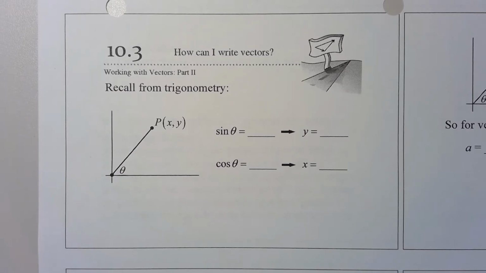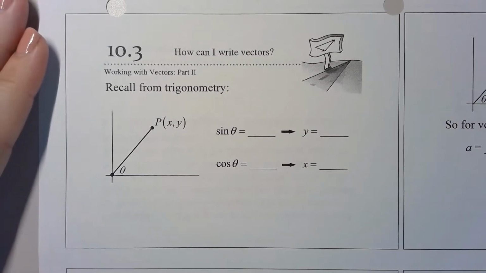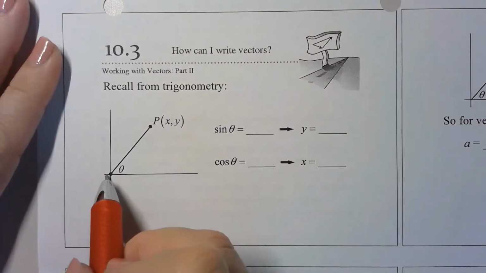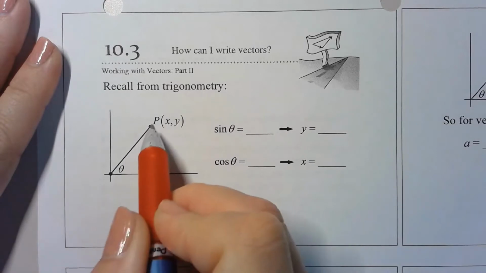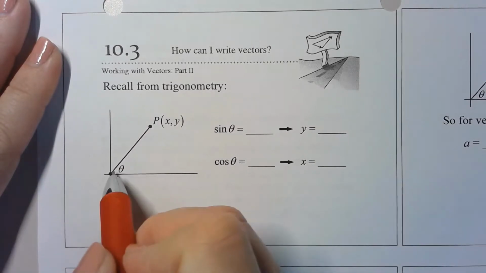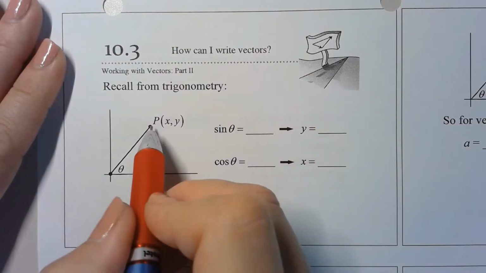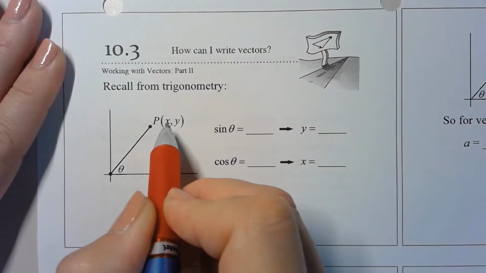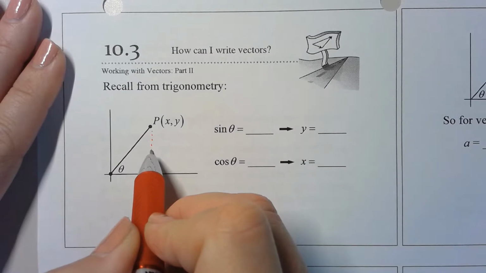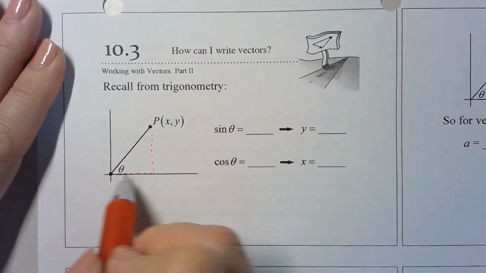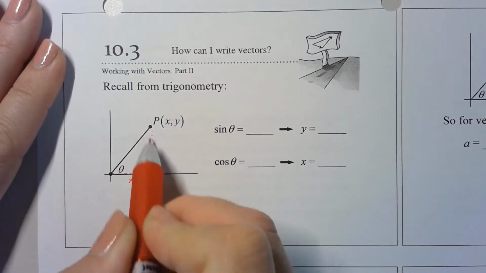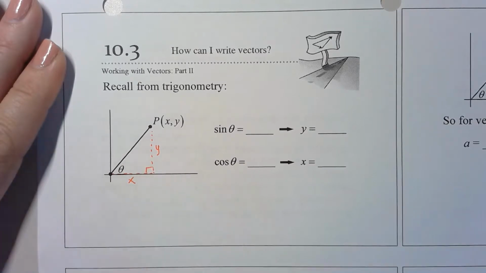When we were talking about angles in the unit circle and the coordinates of the points, we drew this diagram quite a bit. Here's your x and y axis, and here we have an angle theta. To get to the point where this terminal side ends, if this has coordinates x and y, that means we go over x and we go up y.